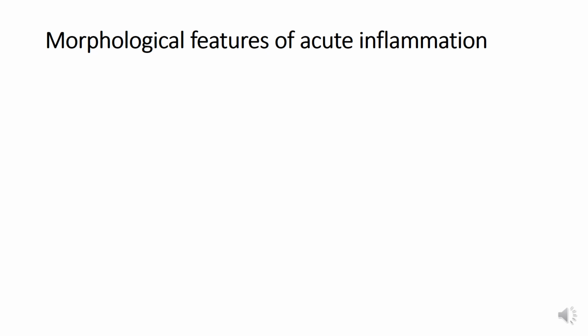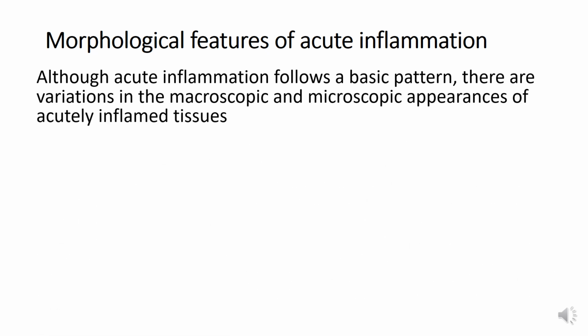Having said that, we are going to look at the morphological features of acute inflammation today. Whereas we understand that the nature of the inflammatory response or reaction is the same, and it follows a similar pattern, there are variations in the macro and microscopic appearances of the various tissues in the body.